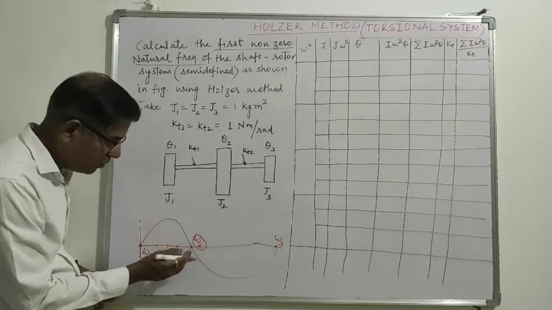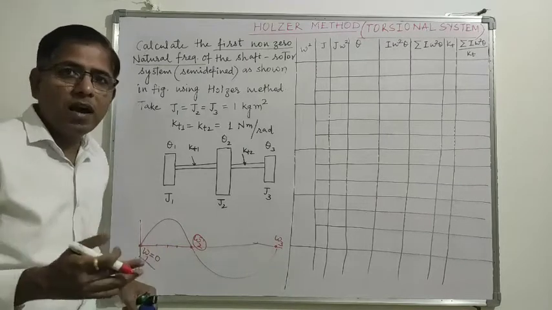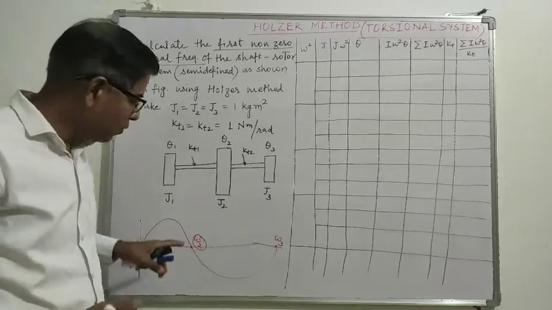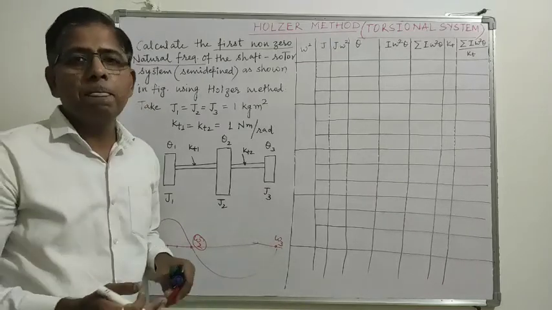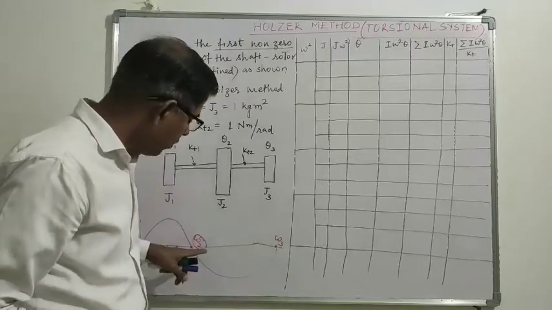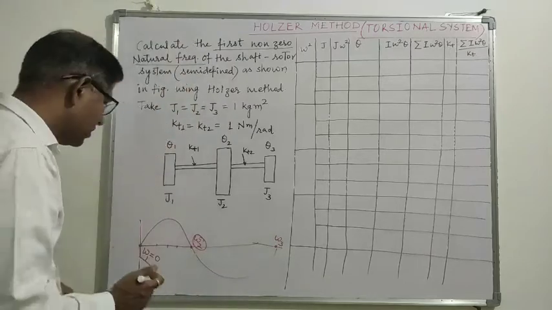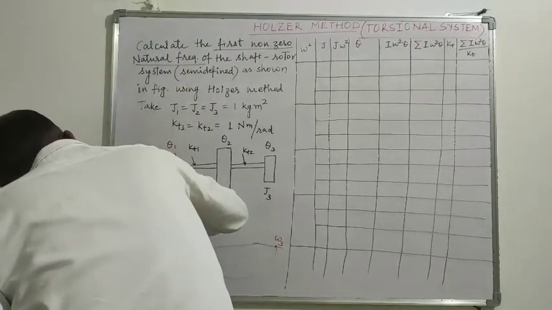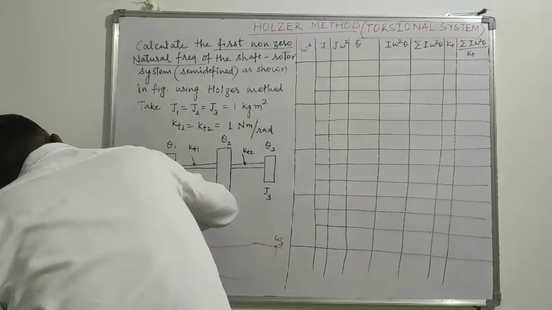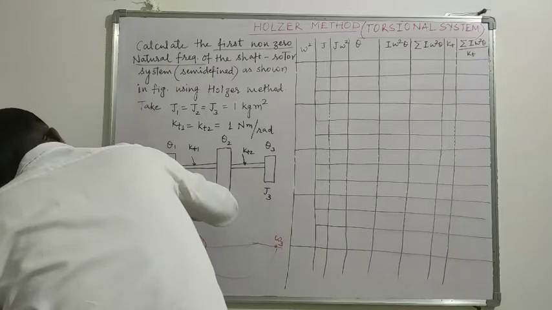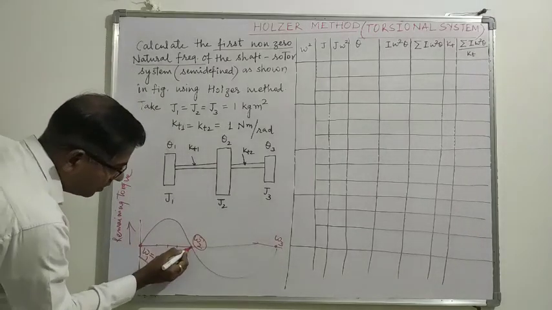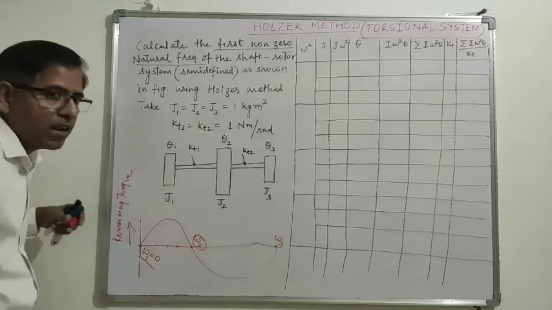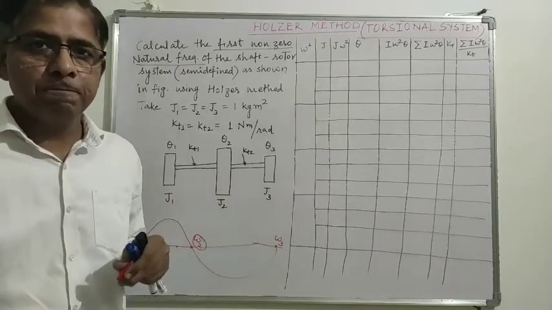We will assume certain values of omega and try to find the value of omega 2. This here is the remaining torque, and in the Holzer method the remaining torque is 0 at the natural frequencies.